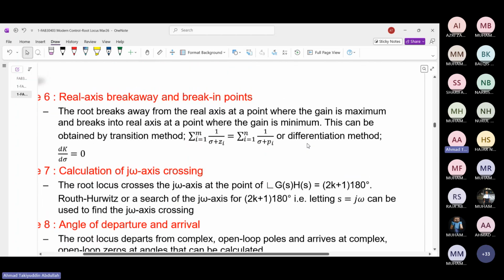And your question, do we have other methods? Yes, we have the transition method that we can actually use to come out with the breakaway point, break-in point, or both. There will be a case in which you are going to just have a breakaway point.